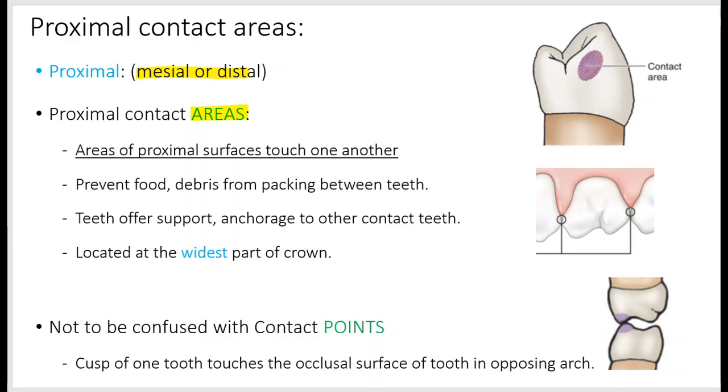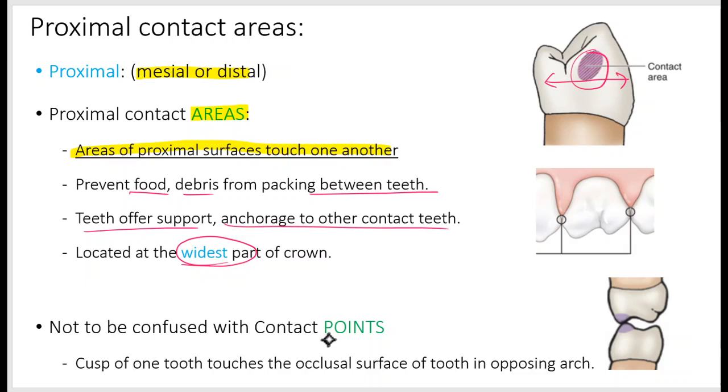So these are the interproximal or proximal surfaces where each tooth touches the other, so it would prevent the food and debris from packing between the teeth, right? And then it will offer support for other teeth, and these are usually on the widest part of the crown. This is the white part, and then it gets into that area.